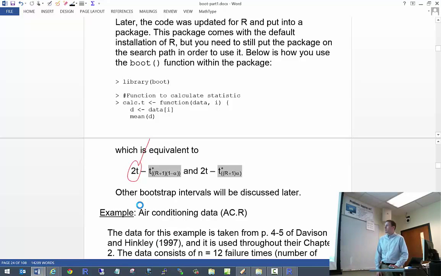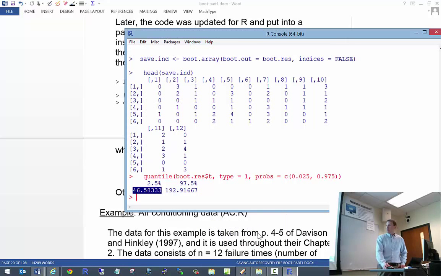On the bottom screen here, you can see what the basic bootstrap confidence interval looks like. For the lower bound, I take 2 times t minus the upper quantile from that t star distribution. So that's what I could do based on what I've done here. I would take 2t minus the 0.975 quantile. Yeah, 2 times t minus that quantile, okay?